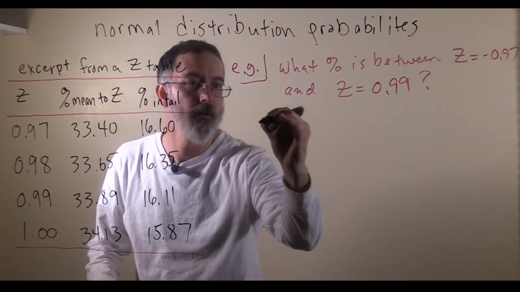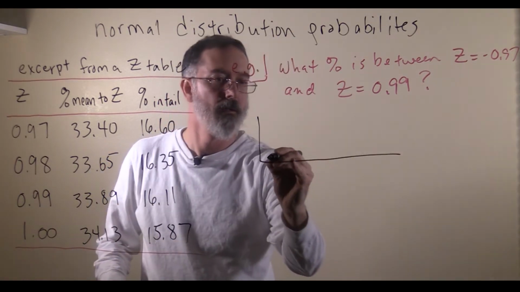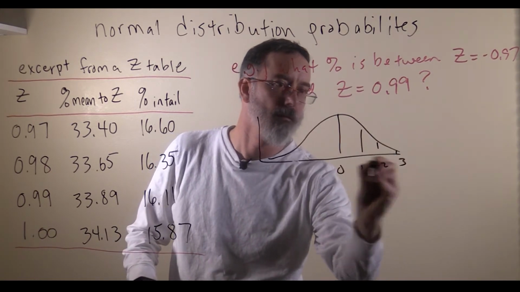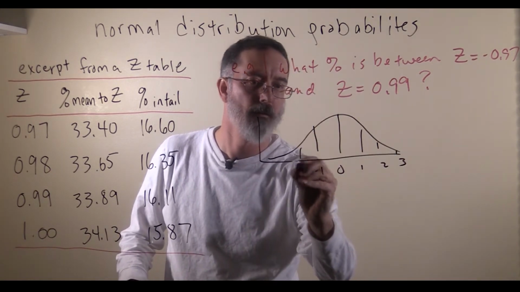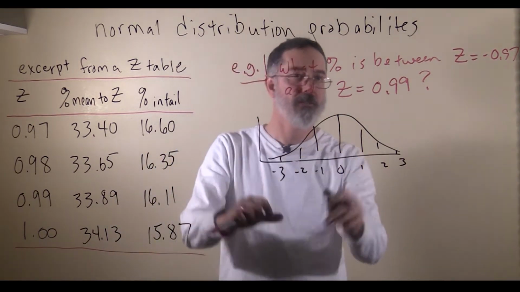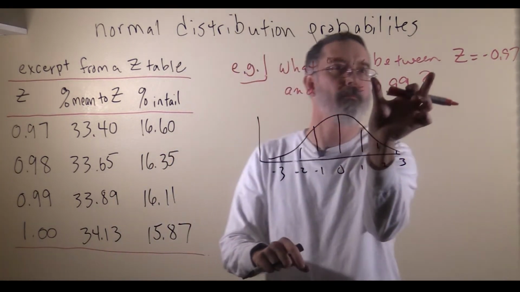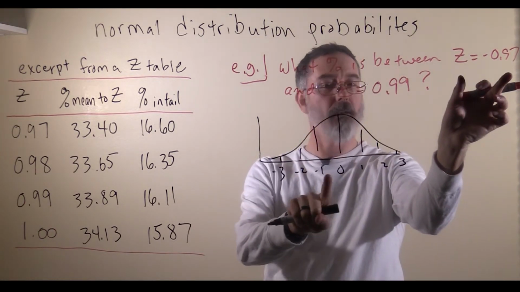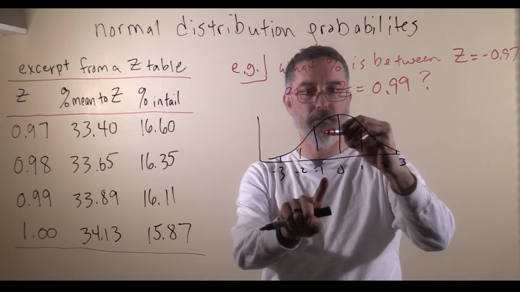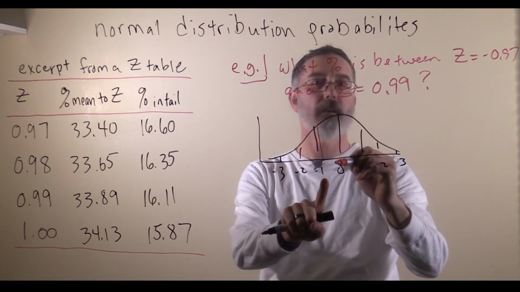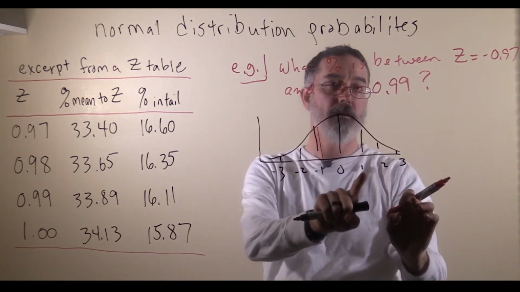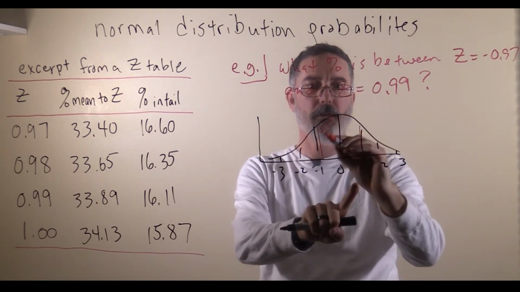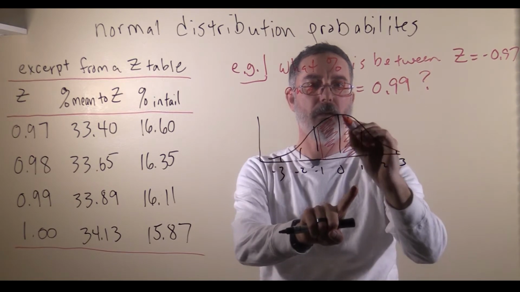So we will draw our normal distribution. You've probably noticed these do not need to be exact. And so we're looking for between z equals negative 0.97 and positive 0.99.